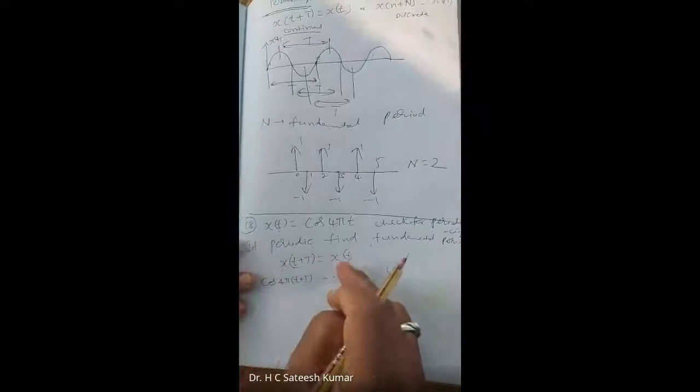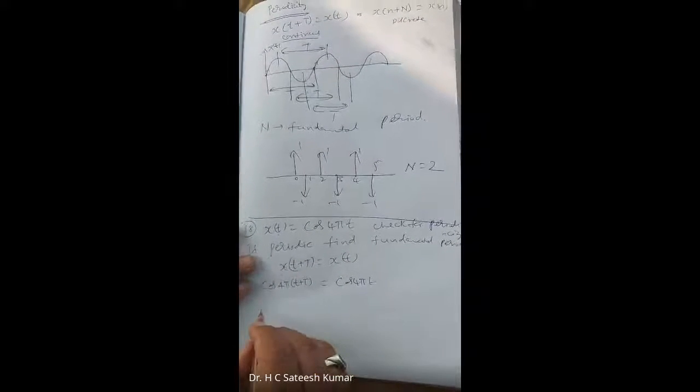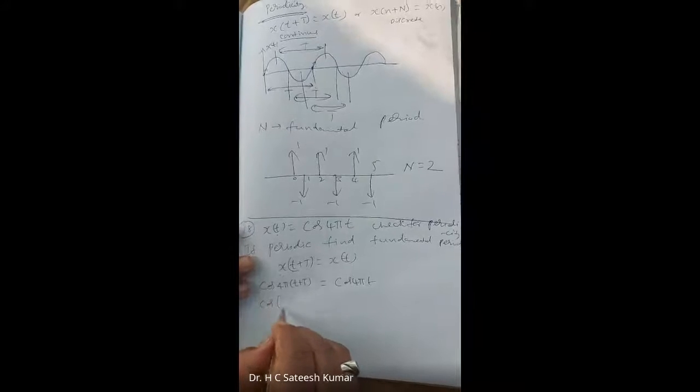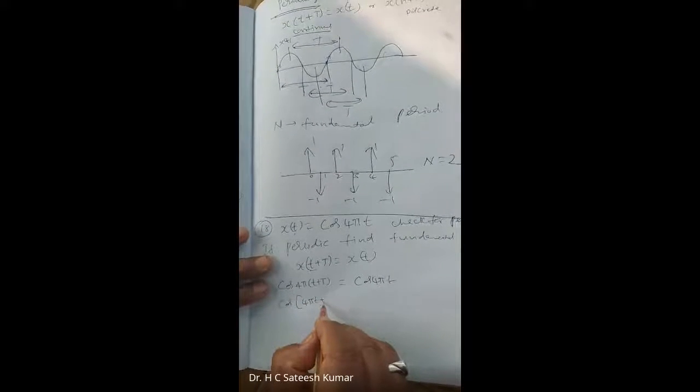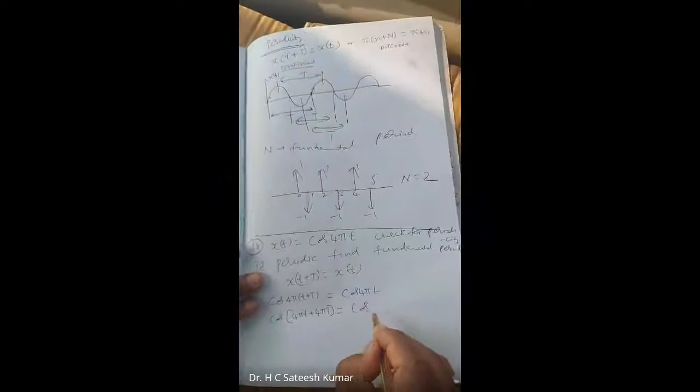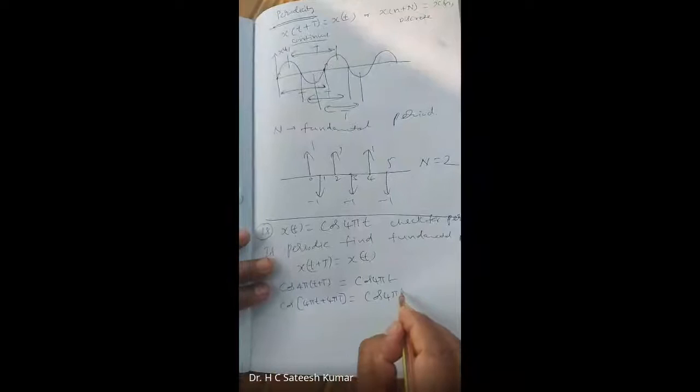Or we can write it as cos of (4 pi t plus 4 pi T) is equal to cos 4 pi t.